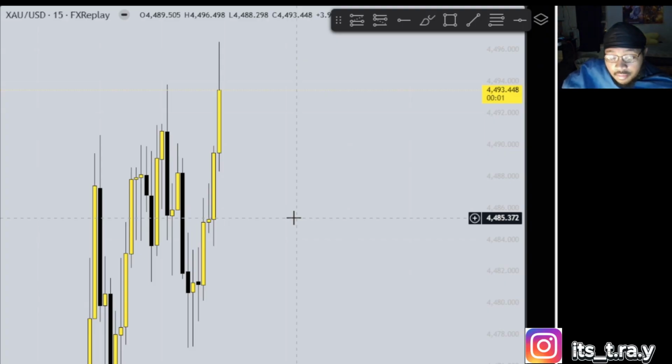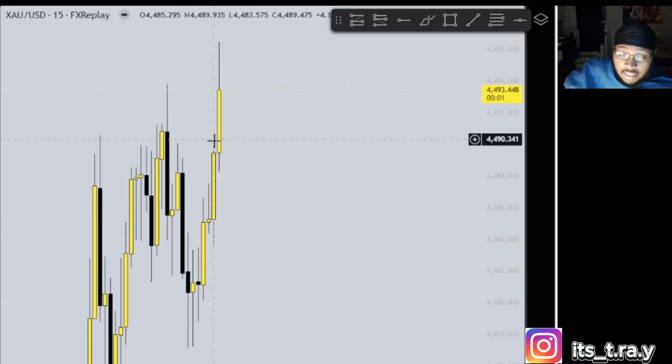Bullish, in market terms, basically means going up. Bearish just means going down. So this is a bullish candle because it's going up, and this is a bearish candle since it's going down.